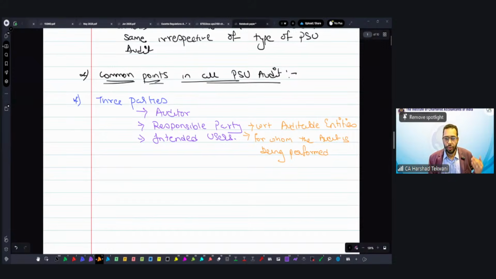Here we see whether the subject matter has complied with the rules, laws, or regulations or not. In performance audit, we see whether the input and output are appropriate from the purpose of economy, efficiency, and effectiveness. So we measure how the compliance is being done, or how the performance is being done. These things are measured.